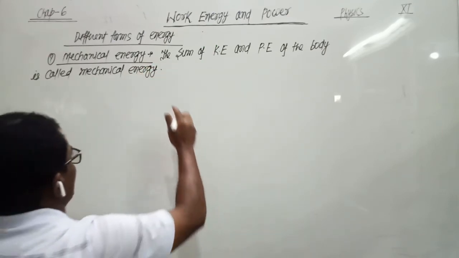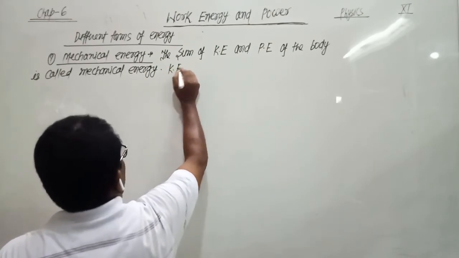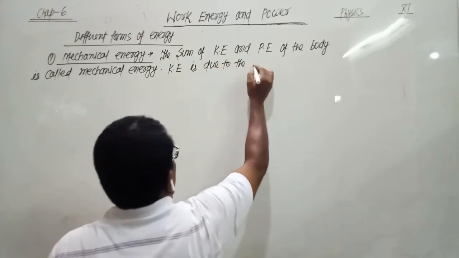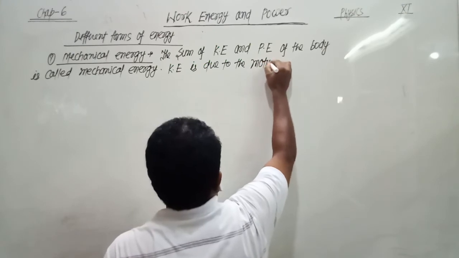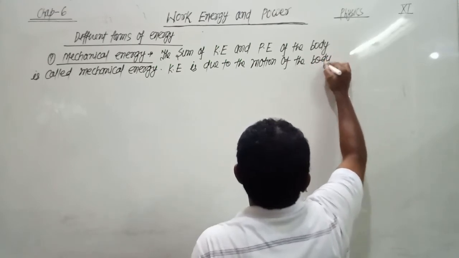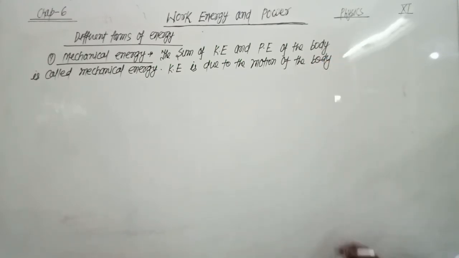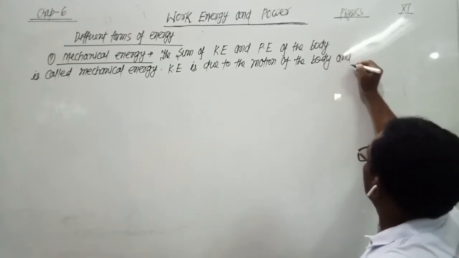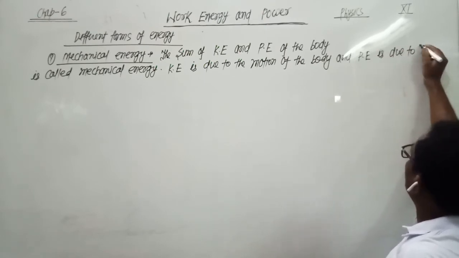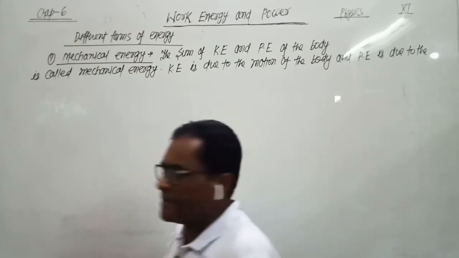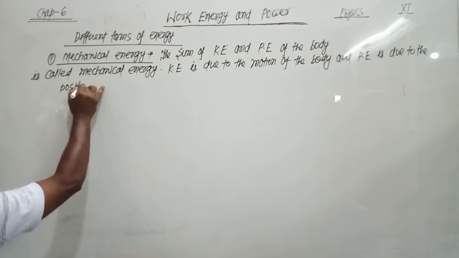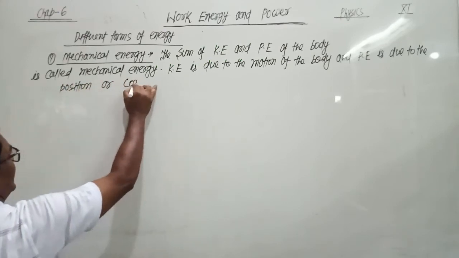Kinetic energy is due to the motion of the body, and potential energy is due to the position or configuration of the body.